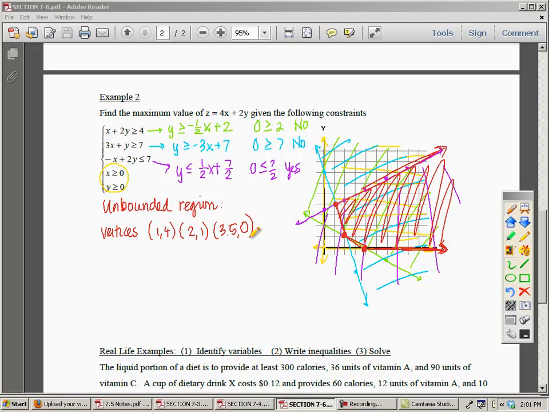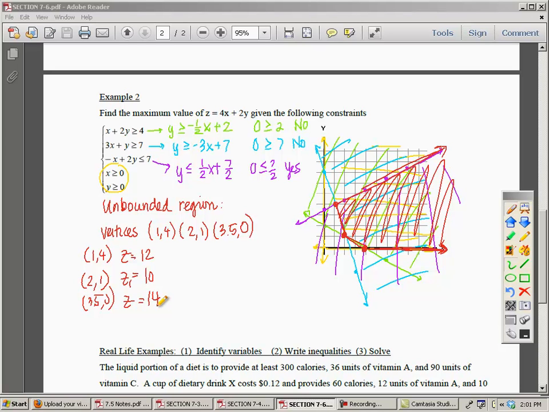And again, I was trying to get as close as I can, but okay, so taking a look at this. Now, if I plug these in, if I find z values for each, let's start with the first one. This is the point 1, 4, 2, 1, 3.5, 0. Okay, if I do the first one, at 1, 4, my z value is 12. At the point 2, 1, my z value is 10. And at the point 3.5, 0, my z is 14.